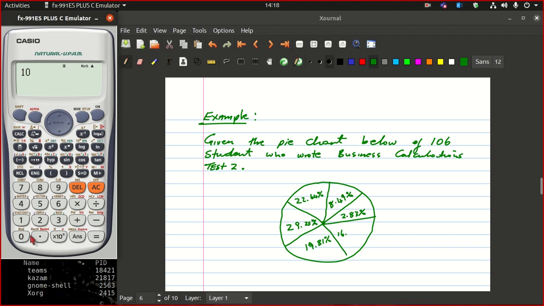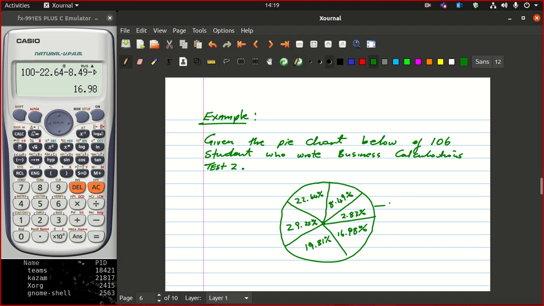Let me say I have 100 here, minus 22.64, minus 8.49, minus 2.83, minus 19.81, minus 29.25. What is the answer here? So this one we have 16.98%.